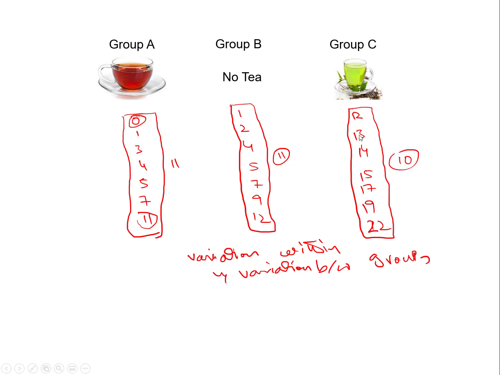They lost 12, 13, 14, 15, while those who are not drinking the tea and those who drink black tea, there is not too much loss in weight. So this is the difference between groups. These groups look the same. So you will conclude each group looks identical to each other. But this is only happening within the group. But between groups, the situation has now changed.